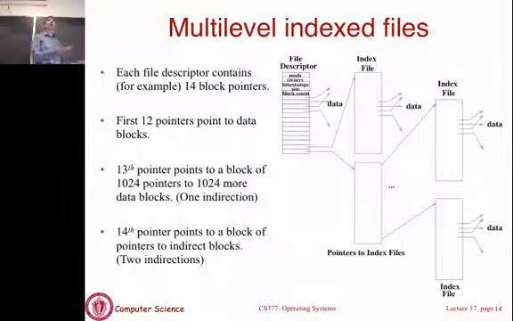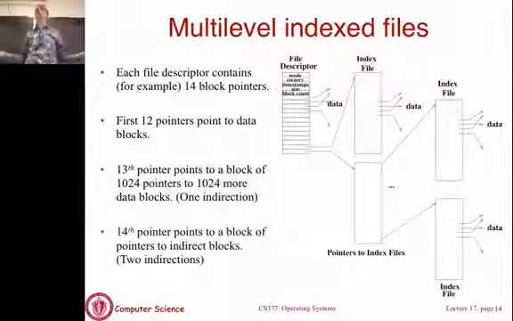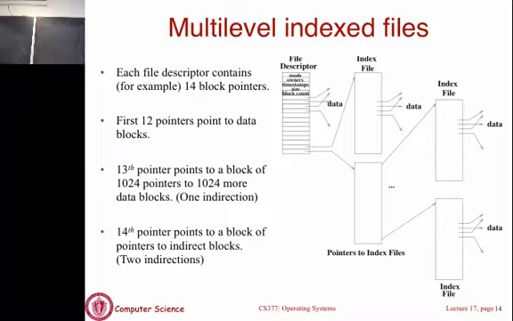Now, if we were to add a third level of indirection, then what would the maximum file size be then? Right, 1,024 cubed. Because each time you're adding another level of indirection, you're just multiplying it by another 1,024. So after a certain point, with 3 levels of indirection, which is what most typical file systems are using, you're getting to the scale where you can have a single file that takes up your entire disk.